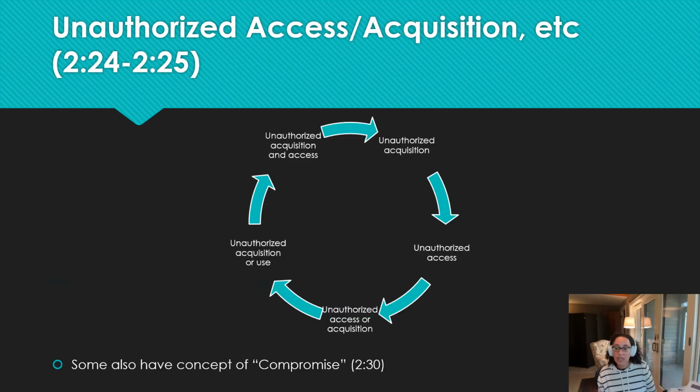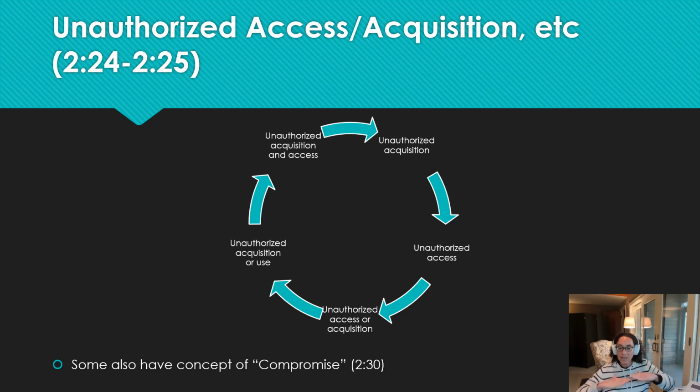Another thing in the reading for this week was looking at unauthorized access and acquisition. That's the other element. If it's a breach, we need to have the fact pattern that constitutes a breach. For the most part, depending on the jurisdiction, it might be unauthorized acquisition, unauthorized access, unauthorized access or acquisition, unauthorized acquisition and access, or unauthorized acquisition or use.